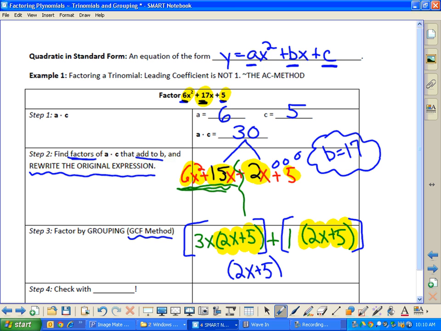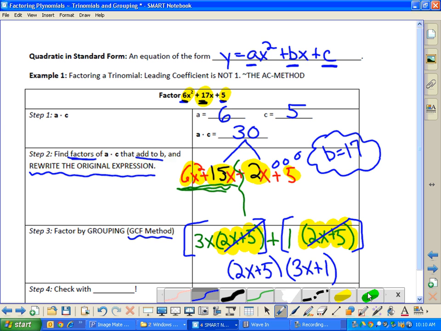If I take this 2x plus 5 out, now I need to write what I have left over. 3x plus 1 would be what I have left over. So if I think about how I distribute, this is actually a different way of foiling binomials.